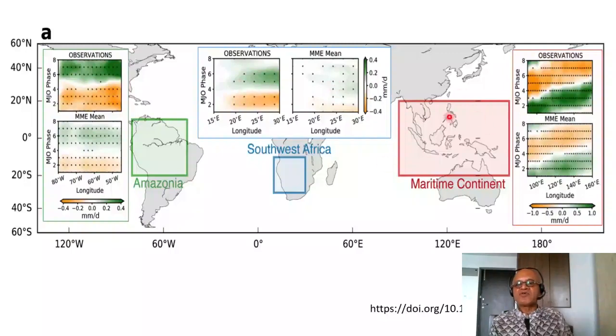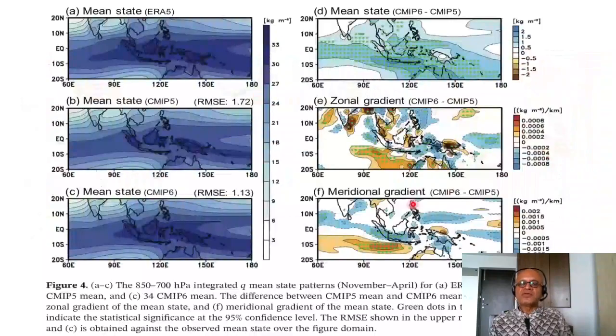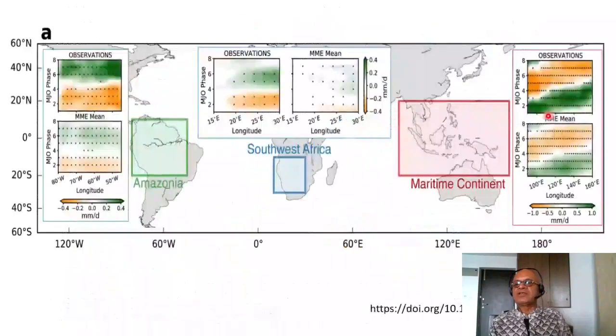And comparing again over the maritime continent region, here are the observations and here is the multimodal ensemble mean. And again, even though here it's argued that CMIP6 models have gotten better in transitioning across the maritime continent, they do it with a reduced variance compared to observations. Okay, so they're getting better, but still have some way to go.